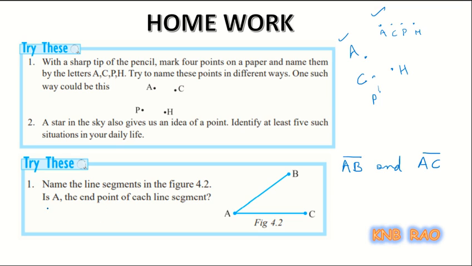Next, is A the endpoint of each of these line segments? Yes. Why? Because you could see here a common endpoint in both the line segments interconnected here. They have got common endpoints. Yes, A is the common endpoint. So these were the two homeworks of our previous session.